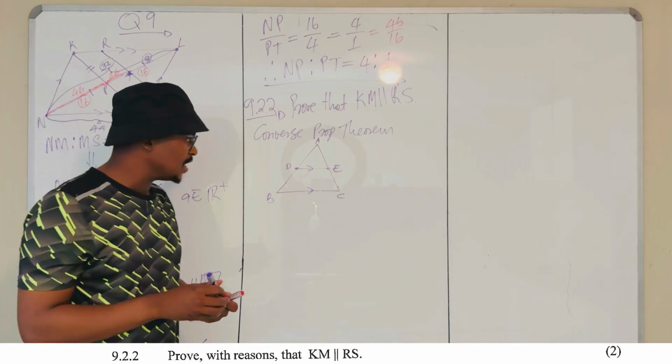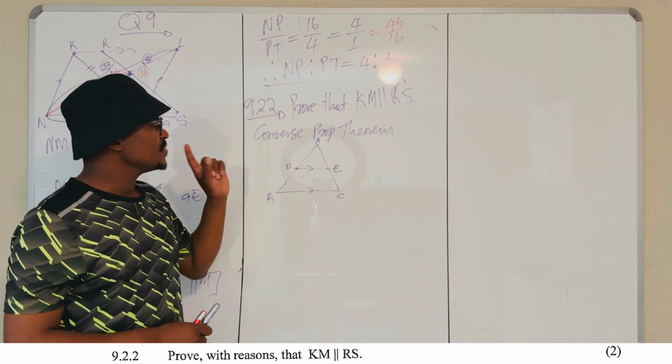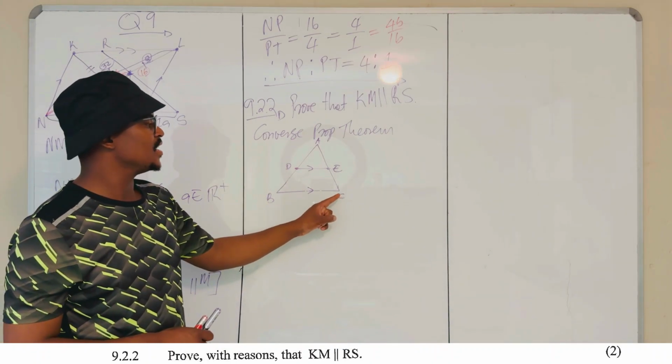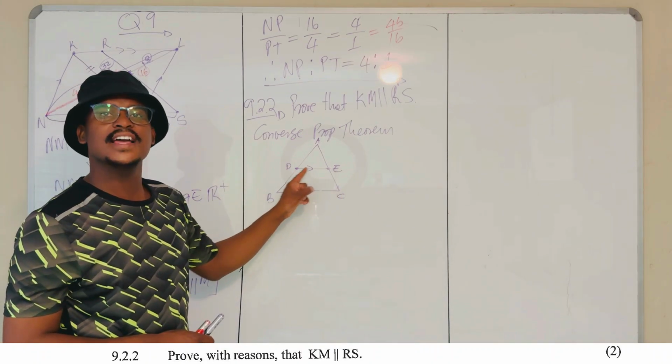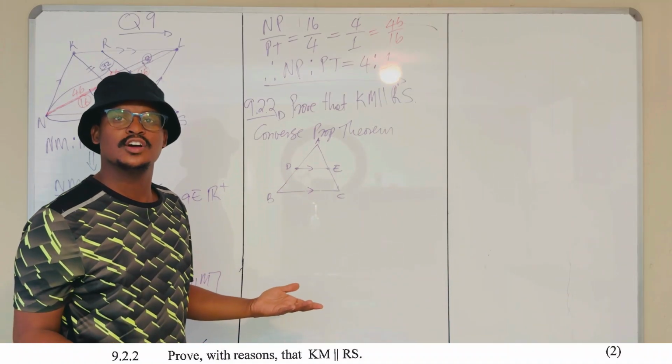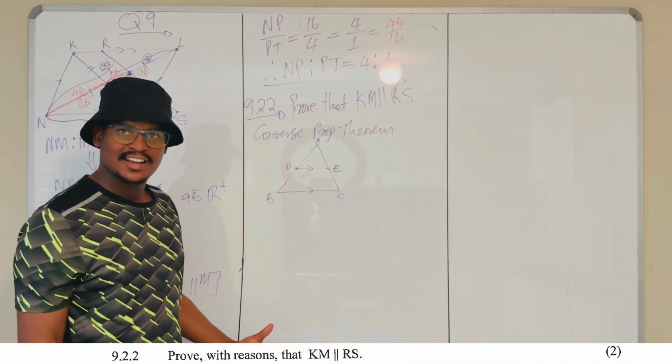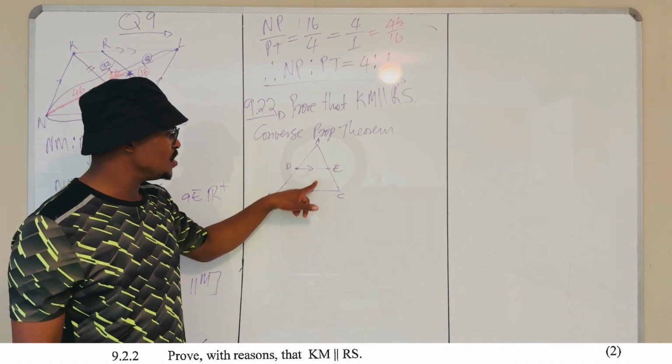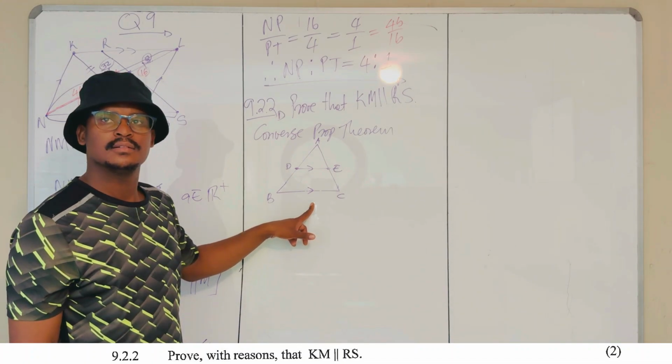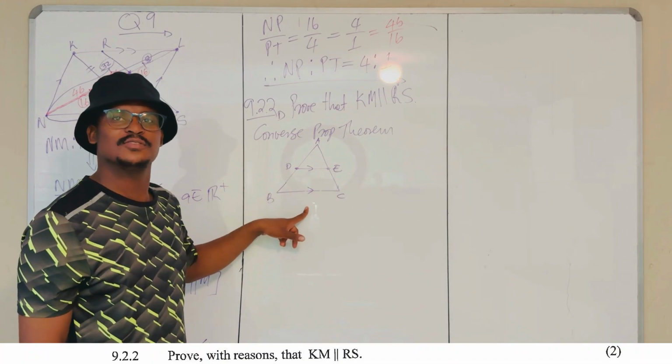Let me repeat this again. If DE divides two sides of triangle ABC at equal ratios or equal proportions, what does that mean? It means DE is parallel to BC.